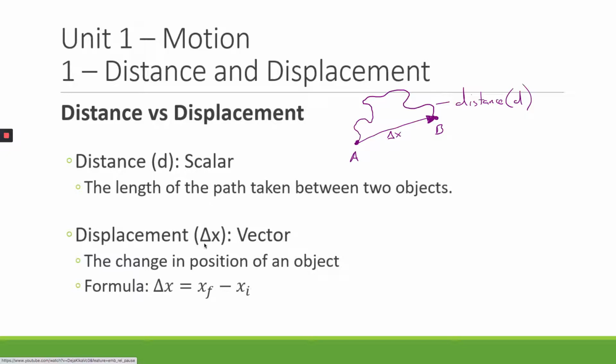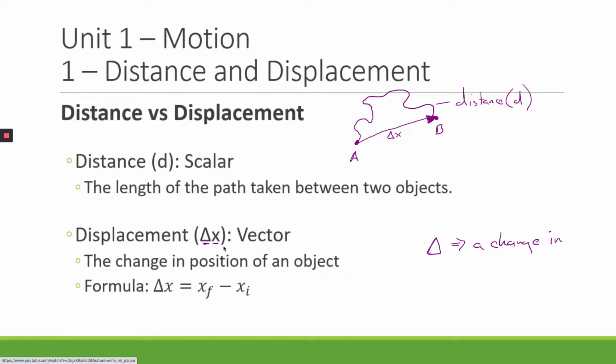Displacement is, now we're going to get some terms here, delta, this triangle is called delta x, which is a vector. Okay, what does delta x mean? Delta means a change in. So that's probably something you will want to know. So delta means a change in.